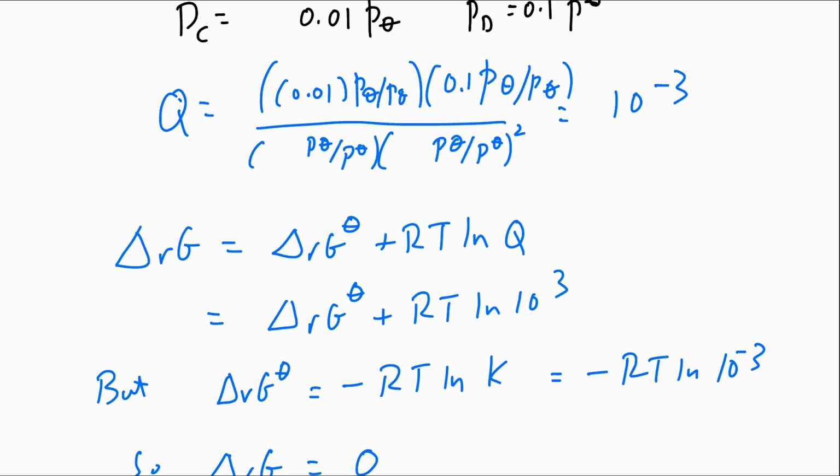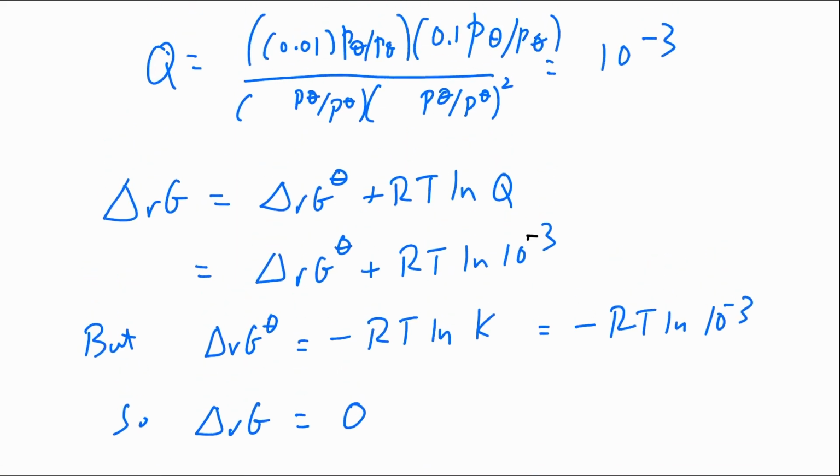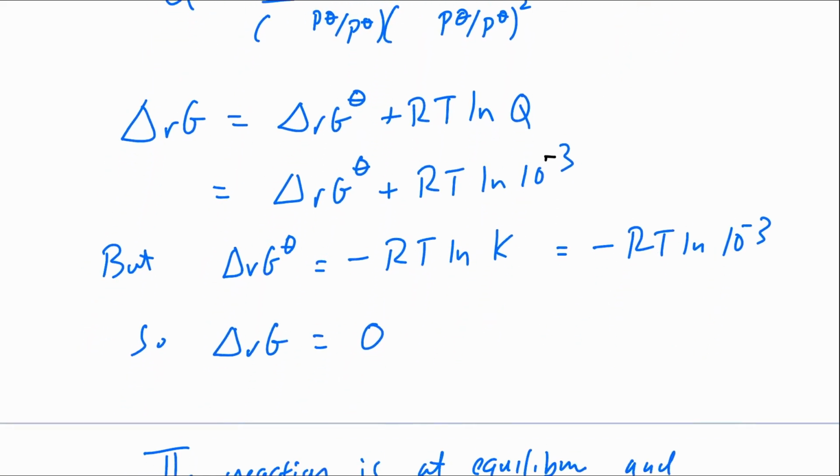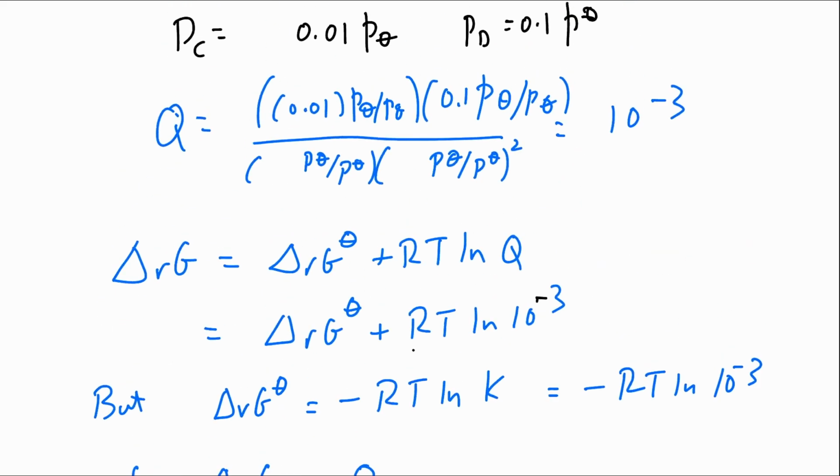I think I changed that one too. Oops, close enough. And if I work everything out, I have delta G naught plus RT log K, right? Because my Q is equal to K. Let me add this here. Q equals K.